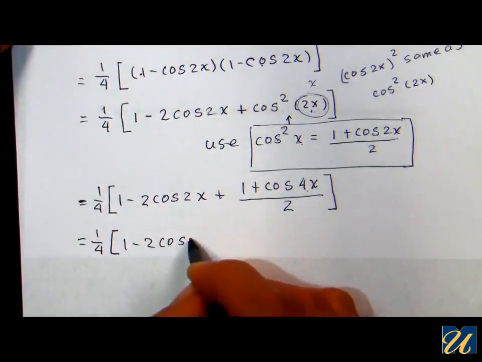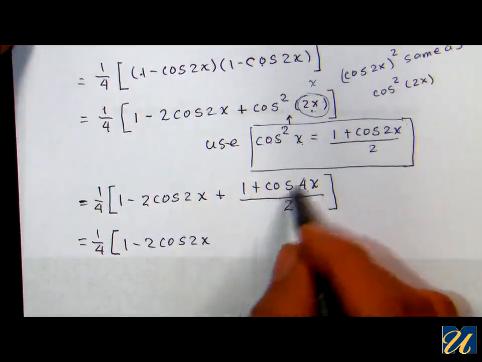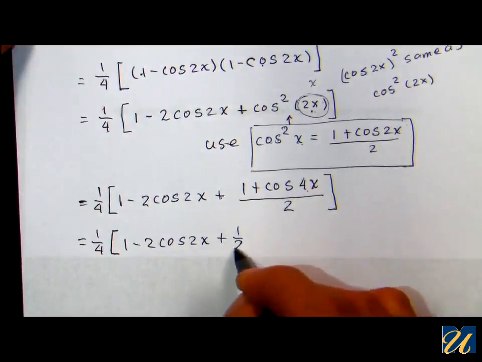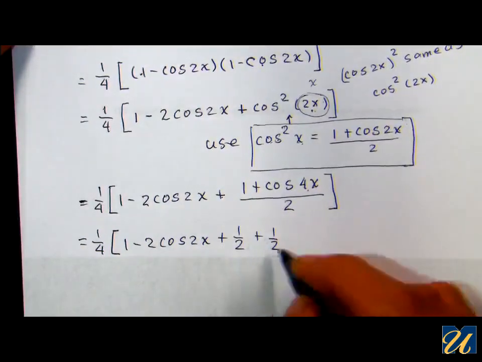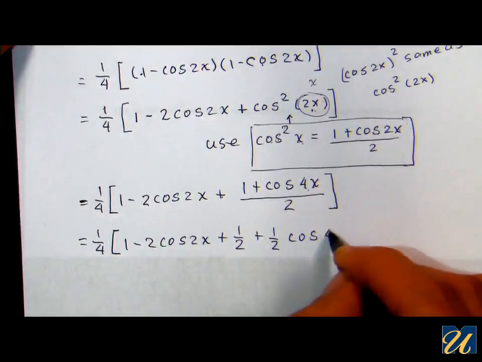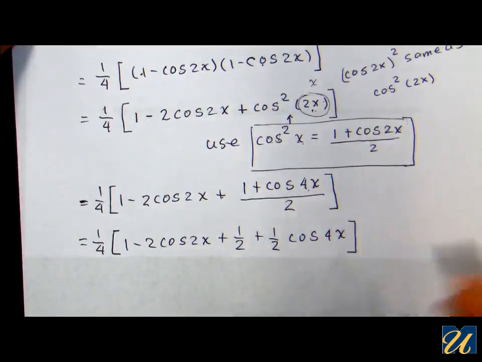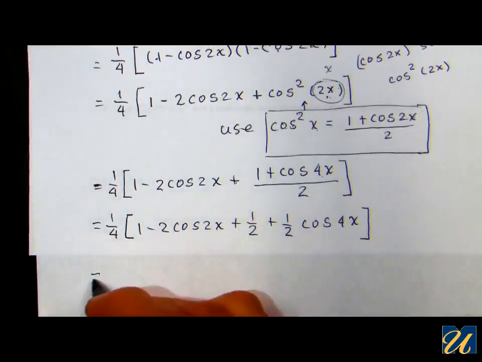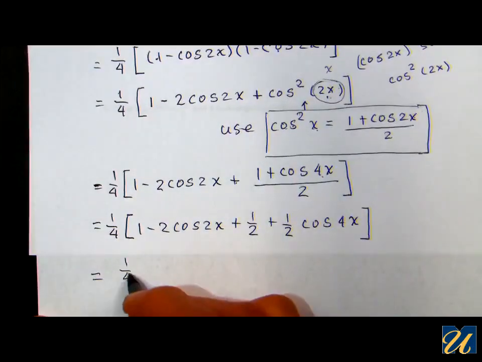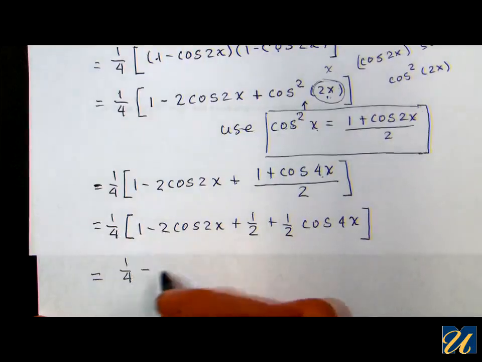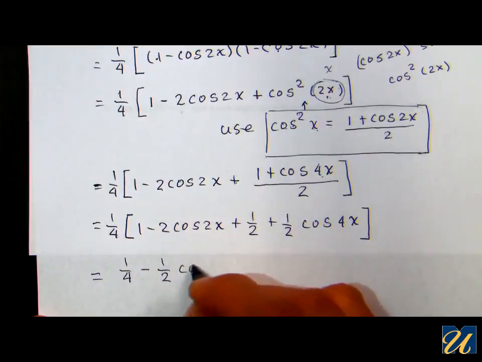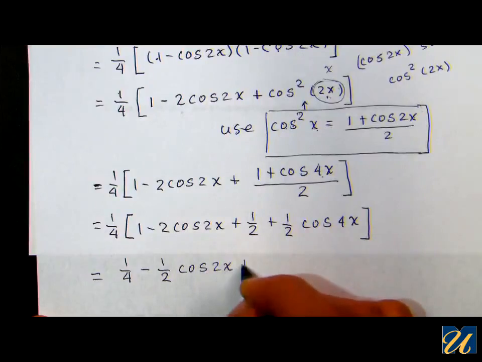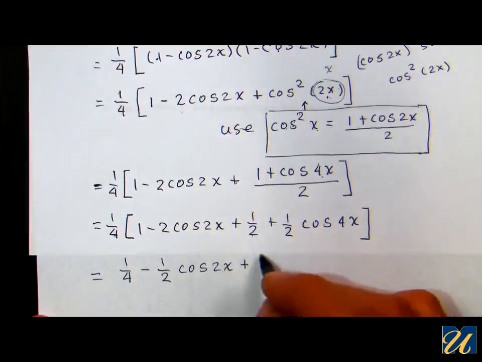Let it wait a little more. Pull this fraction apart. 1/2, and then 1/2 cosine 4x, like that. Now that you have everything separated in pieces, distribute the 1/4. 1/4 times 1, 2/4, or 1/2, cosine 2x. 1/4 times half, that's 1/8.